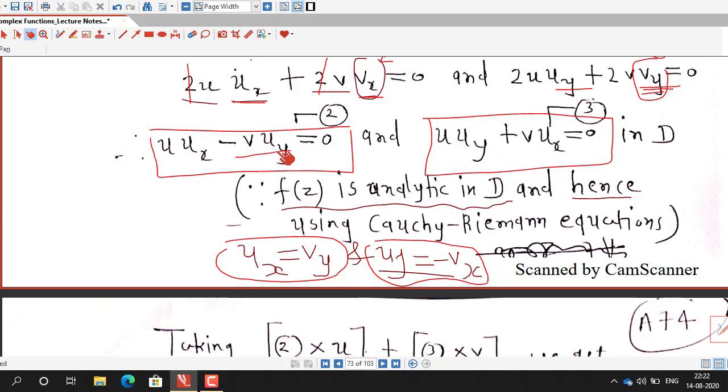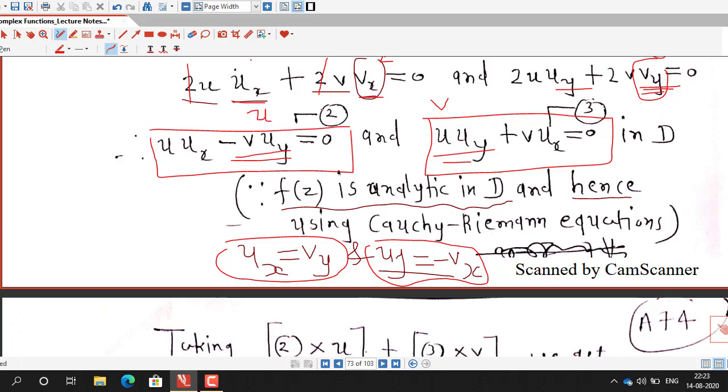Then here the coefficient of del u by del y is v, and here the coefficient of del u by del y is u. So if I want to eliminate del u by del y, I will multiply equation 3 by v, and here I will multiply equation 2 by u.